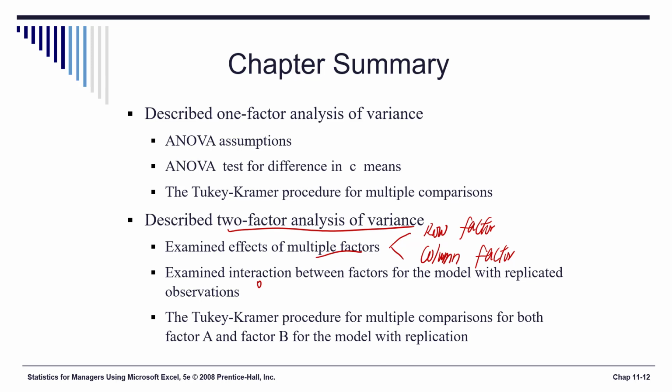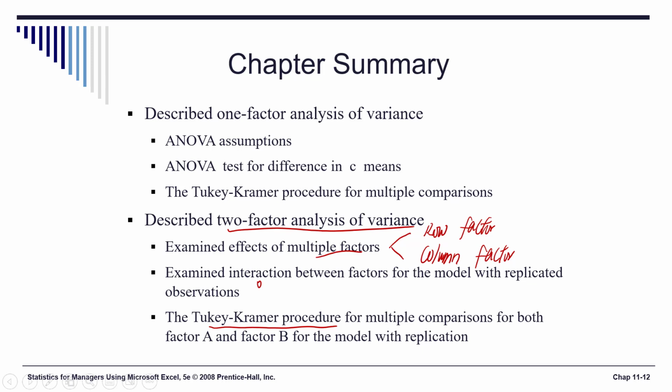And if there's a significant difference, meaning at least one of them is different, we're going to perform Tukey Kramer procedures, sometimes for the row factor, sometimes for the column factor, sometimes for both, depending on different scenarios. The formula is listed in our PowerPoint. Okay, so that's basically what we covered so far.